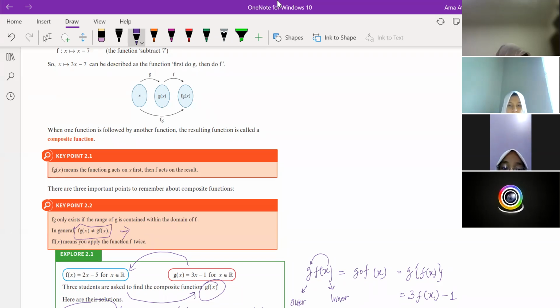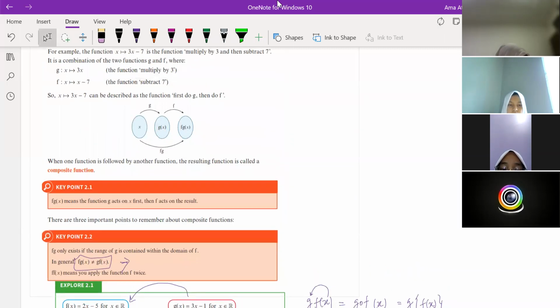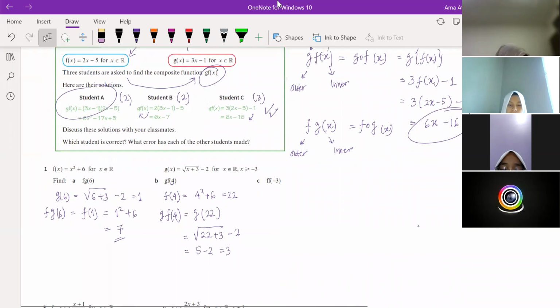So it doesn't satisfy the commutative law. Even if the number is the same, for example, if I change 4 into 6, there will be a different answer.